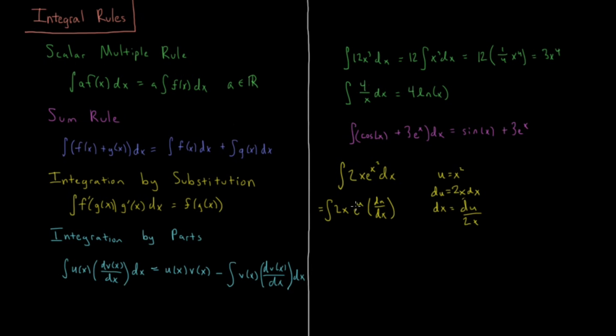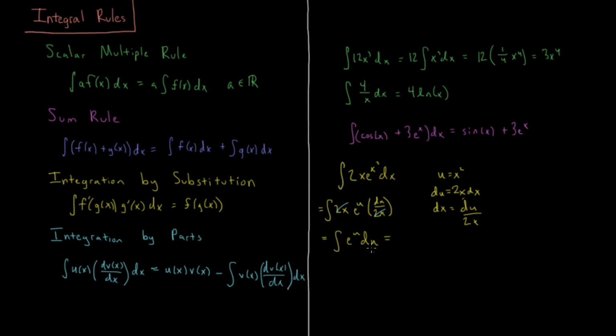Notice we have made a substitution for x squared and a substitution for dx. Now 2x cancels with 2x. What are we left with? We are left with the integral of e to the u du.